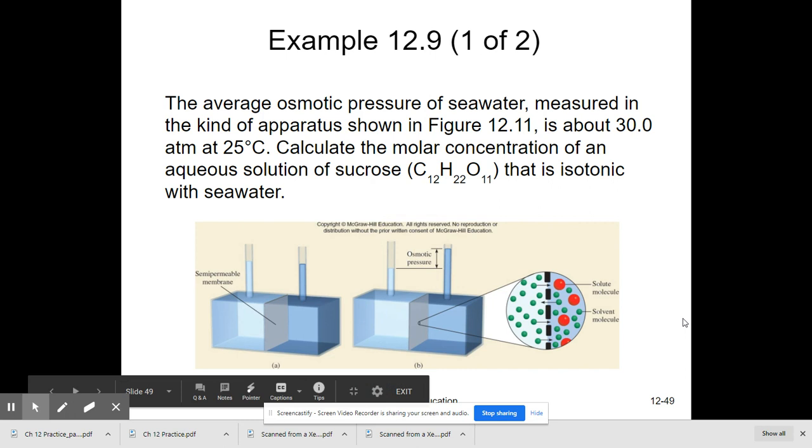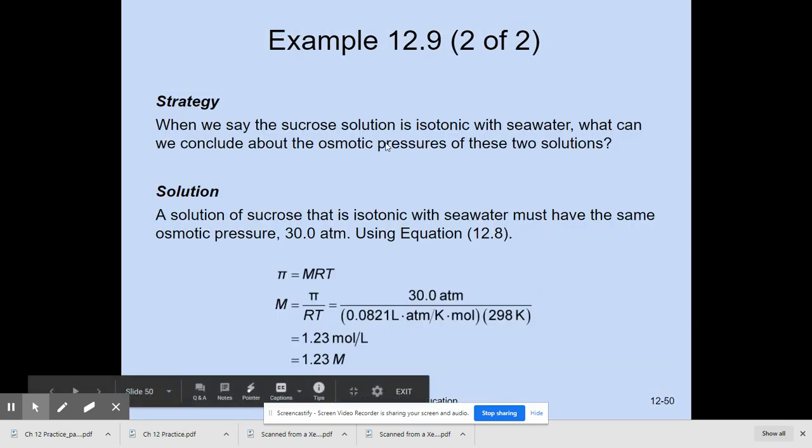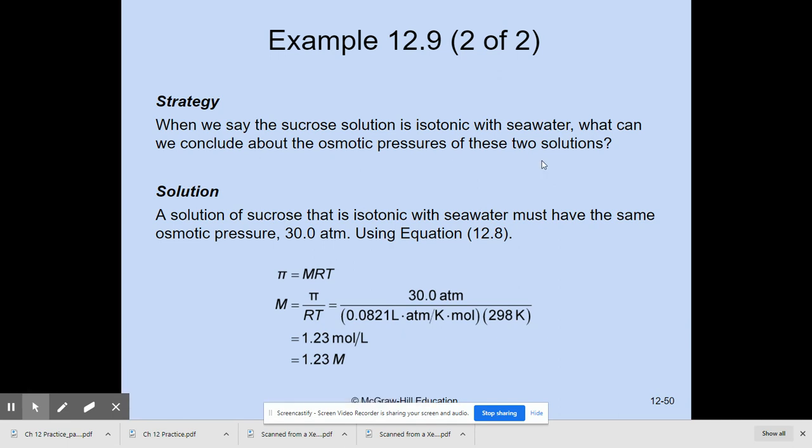Average osmotic pressure of seawater measured in the apparatus shown below is 30 atmospheres at 25 degrees Celsius. Calculate the molar concentration of sucrose, C12H22O11, that is isotonic with seawater. When we say sucrose is isotonic with seawater, we are trying to figure out that they have the same osmotic pressure.